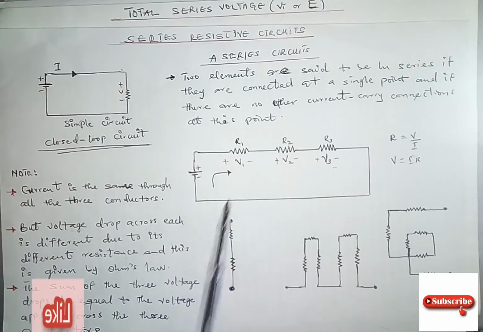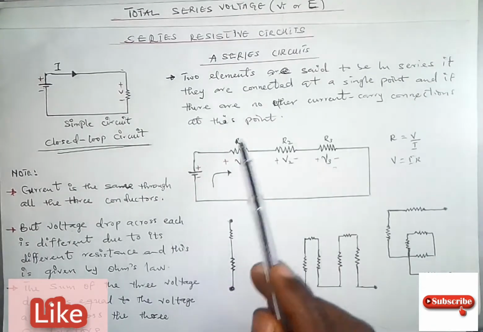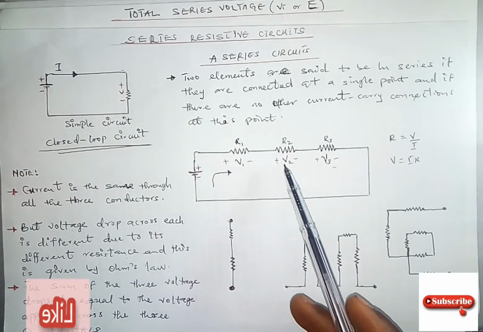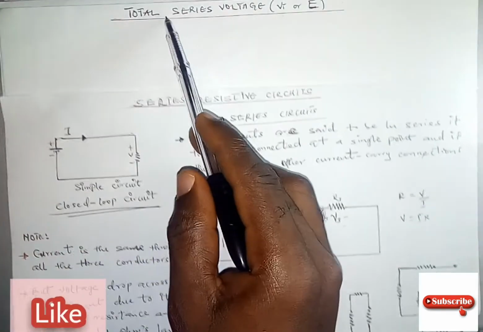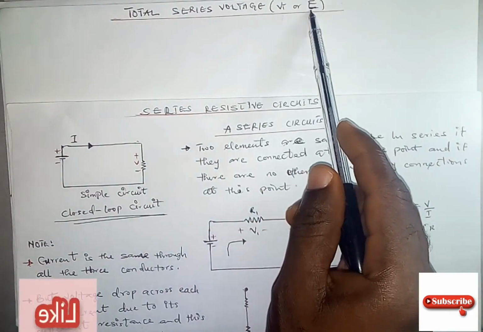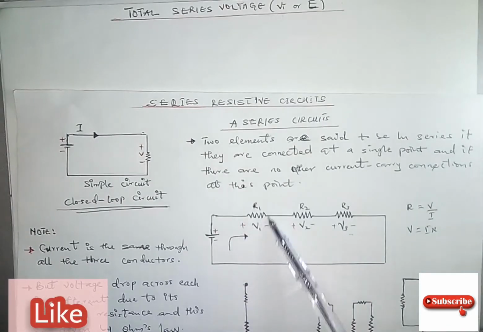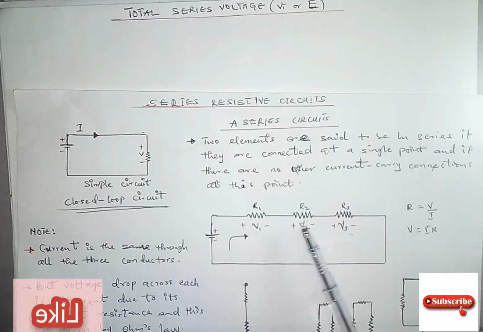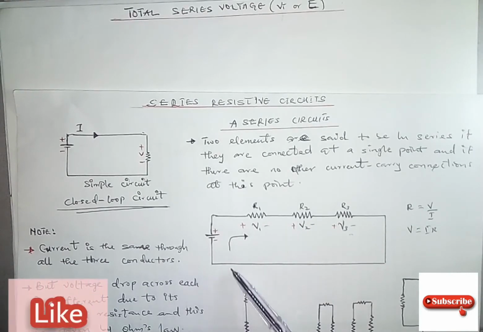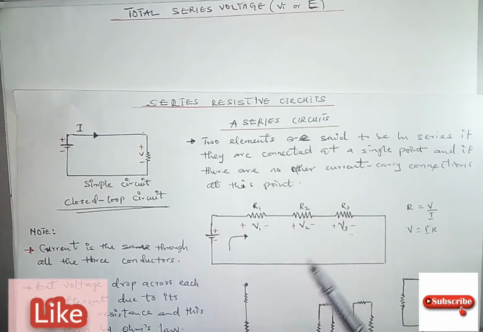Now, away from the pattern of series circuits, let's look at the main thing inside it. How do we analyze all these things? What we are going to take first is what we know as the total series voltage, which we know as VT or E. The voltage across the source, or power supply, is equal to the sum of the voltage that drops across each resistor in a series circuit.